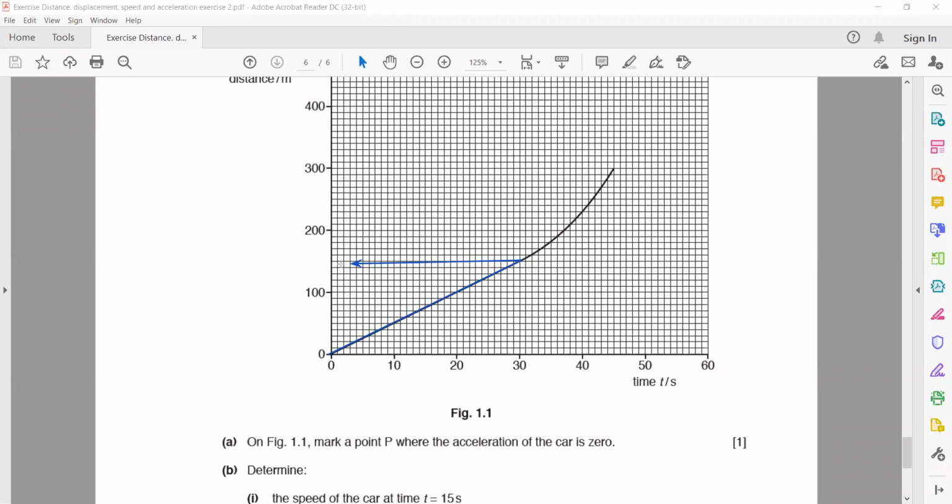When time is equal to 30, the distance travelled was 150, and the time it took was 30. So 150 divided by 30 is equal to 5 meters per second. So the speed of this car is 5 meters per second at 10, 15, 20, 25 or 30 seconds, as the speed is constant in this region. Is it clear, Hatem?